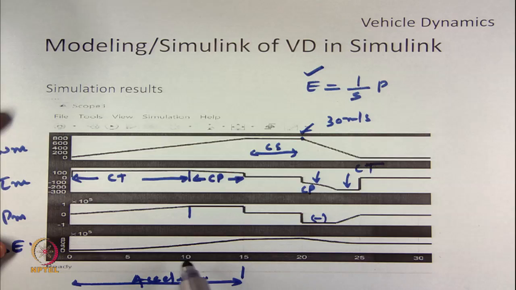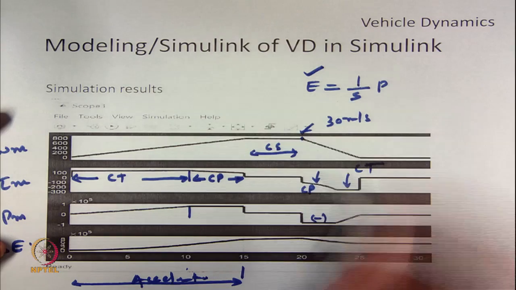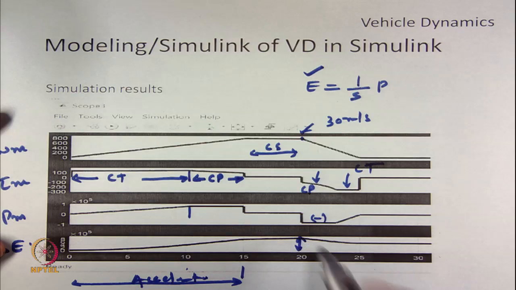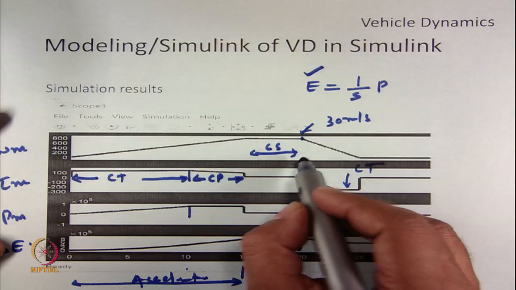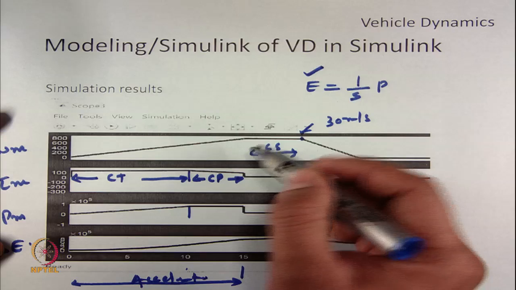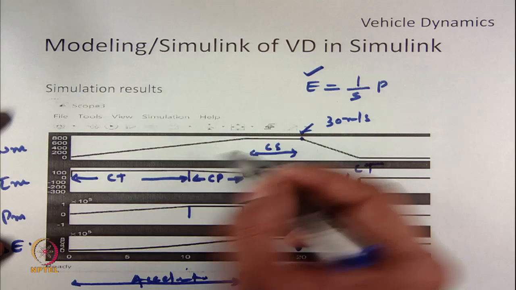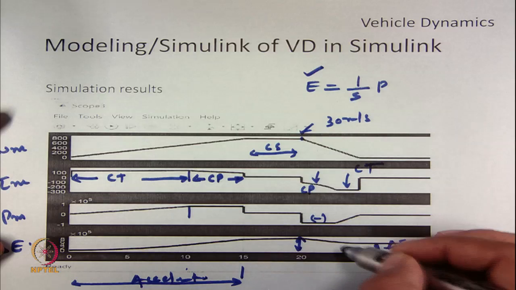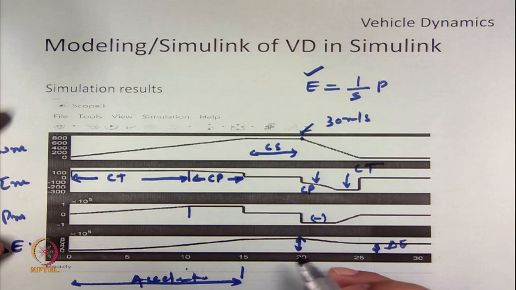So, this is the delta energy. It increases up to here and then it decreases. Decreases means now the battery is getting charged. If we had operated the vehicle only up to here, the delta energy would be like this. But if we operate even in the deceleration mode, the delta E required will be less. Some energy that we have given for accelerating and constant speed region is recovered during deceleration.